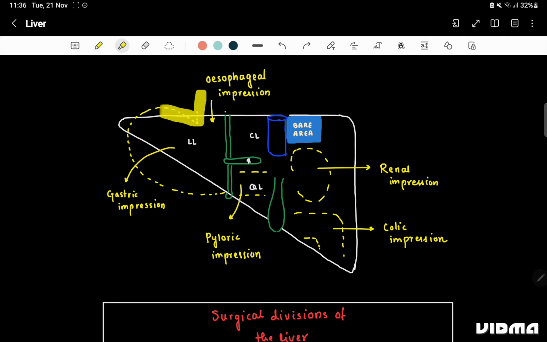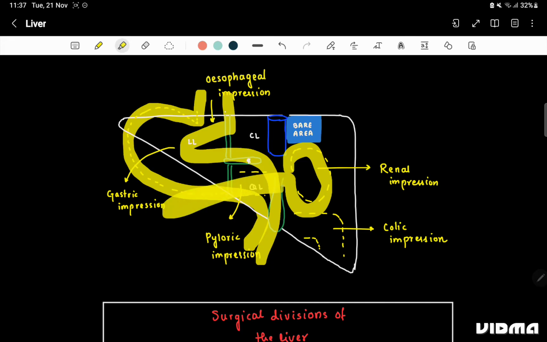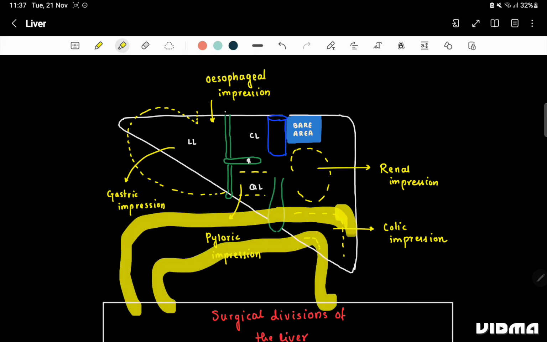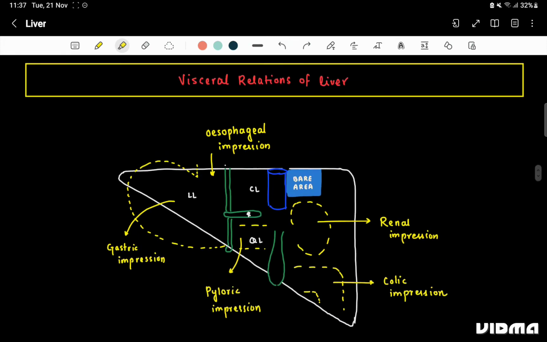You can just imagine your stomach coming like this and going like this, and your kidneys are present like this, causing a renal impression. And the large intestine, the colon, will be present like this, causing the colic impression. These are your visceral surfaces, the relations of the liver.